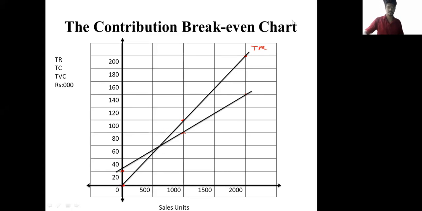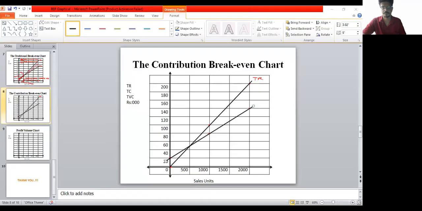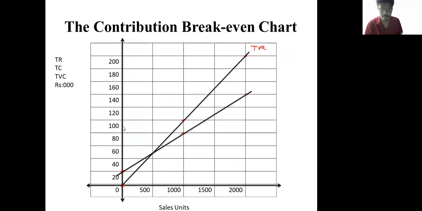Then draft the curve. That will be like this. Then this is the total cost curve. Now you can mark, as we did in the previous one, this is the break-even point.